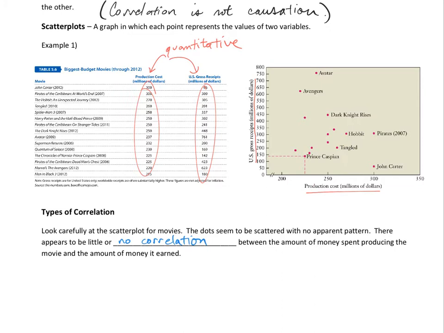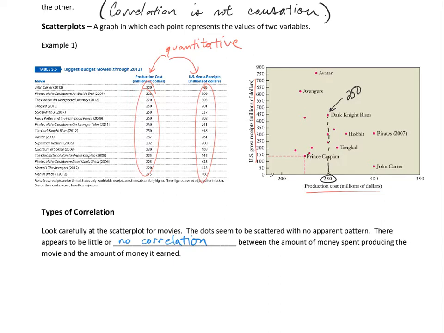So what does this mean? Each point represents the values of two variables. Let's just take Dark Knight Rises, for example. The x-coordinate of this looks like it is about 250. So that is telling me the production cost for Dark Knight was about 250, in millions of dollars.